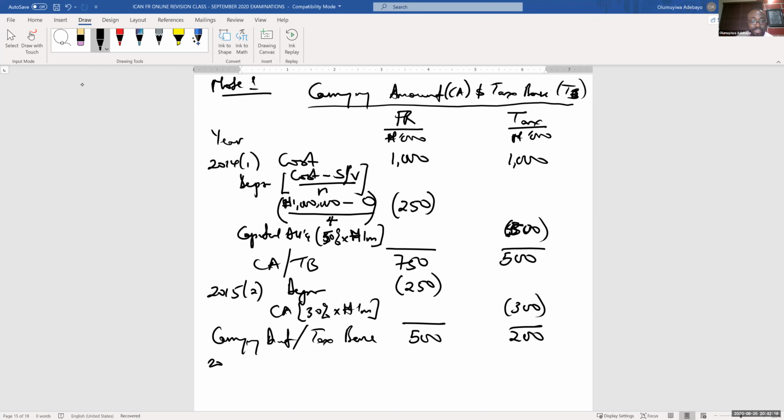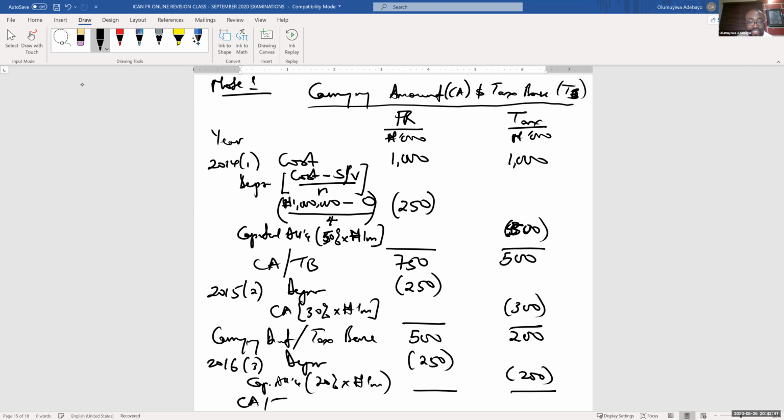Now, in the third year, my depreciation still remains the same, 250, but my capital allowance is 20% of 1 million, and that gives me 200. At the end of the day, my carrying amount is 250, my tax base is nil.